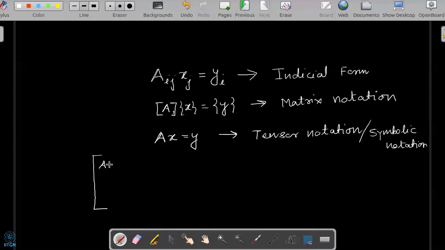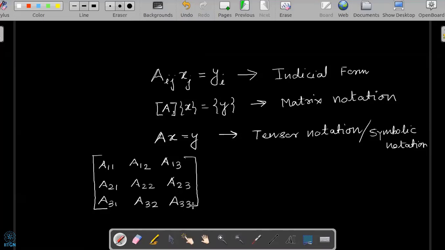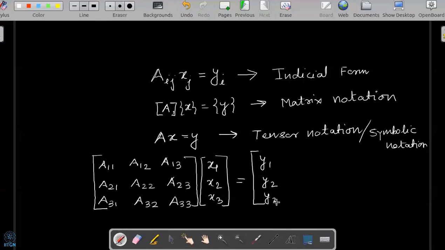let's write all the components A11, A12, A13, A21, A22, A23, A31, A32, A33, and then you multiply this with a vector x1, x2, x3, and you get y1, y2, y3.